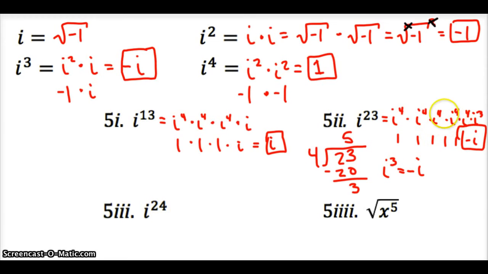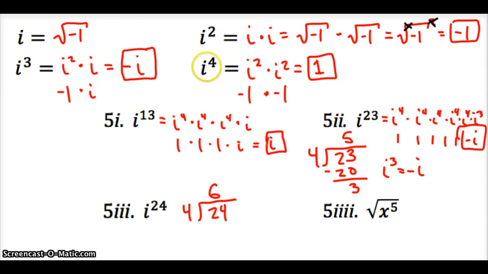How about i to the 24th? Again, that would be writing a lot of i to the fourth, so let's just take our power of 4 and divide it into 24. 24 divided by 4 is 6. Oh, that's an even number. What does that tell us? Well, that tells us that there is no remainder.